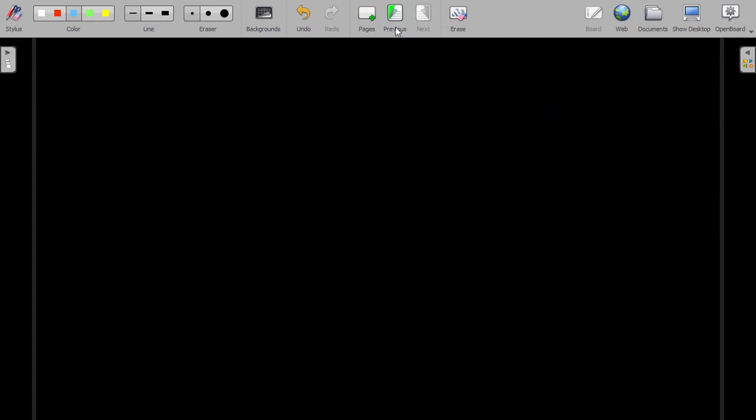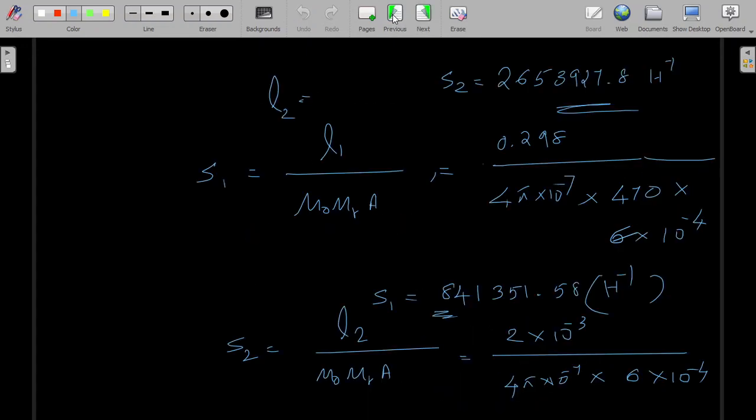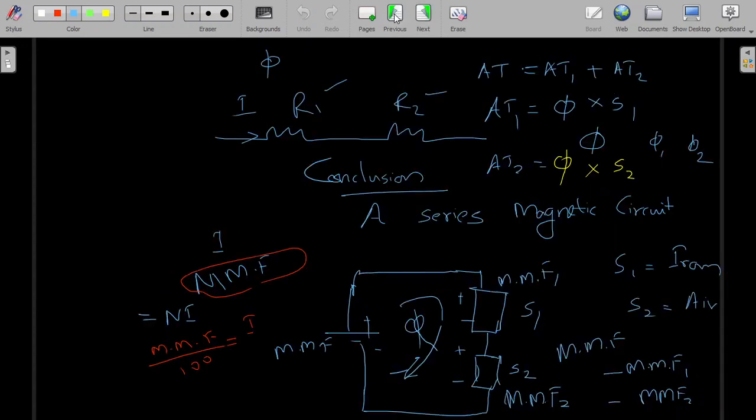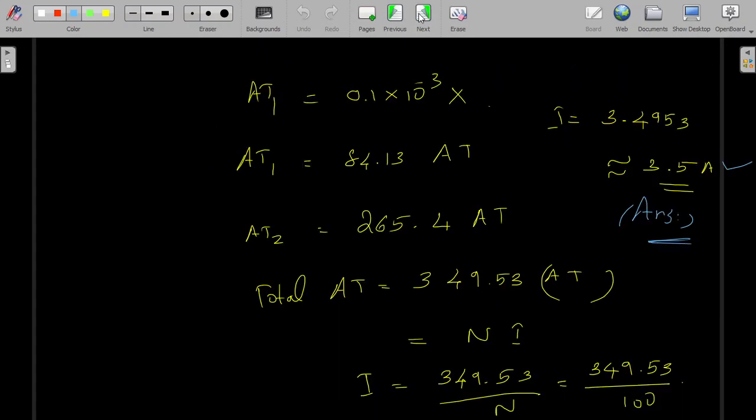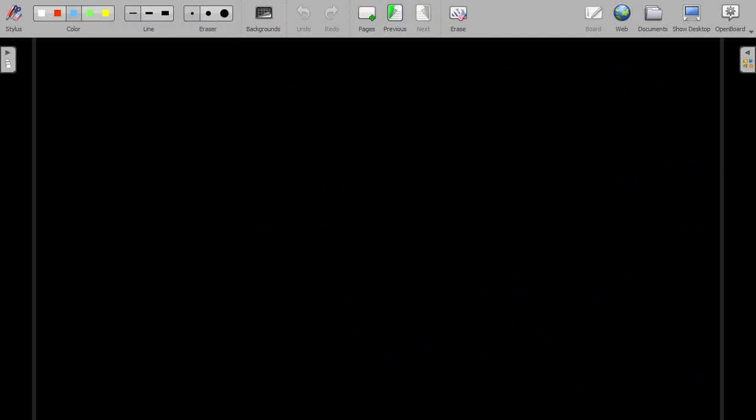So we have discussed the previous problem, right? The thing is, you can also solve this problem by another different method. Before discussing that method, you should derive a formula.